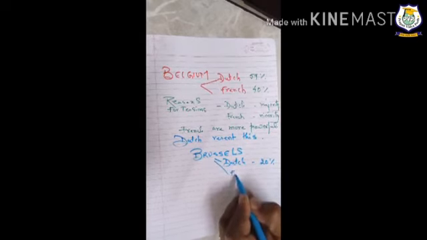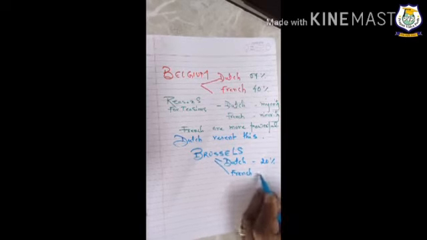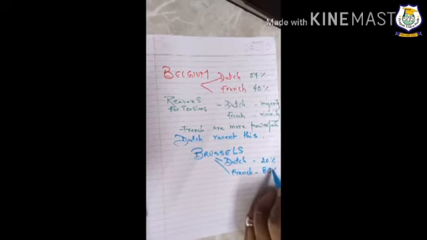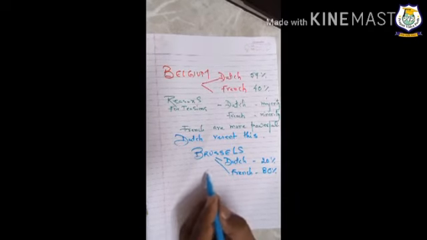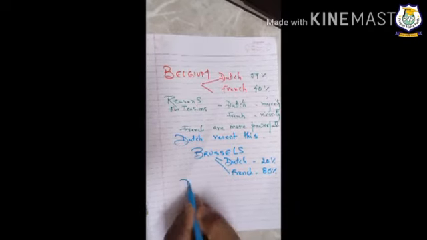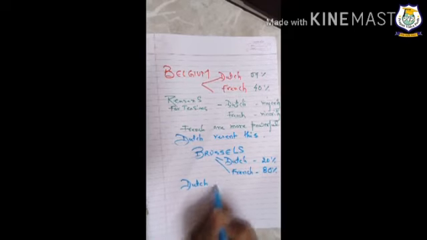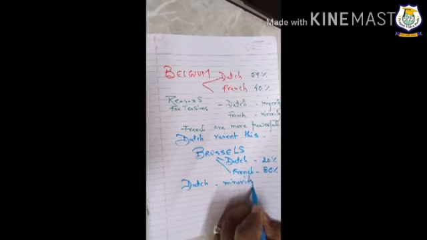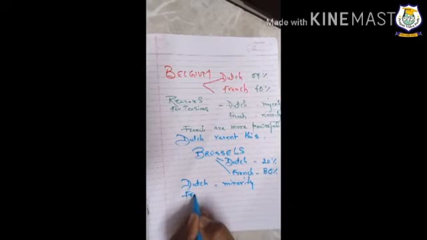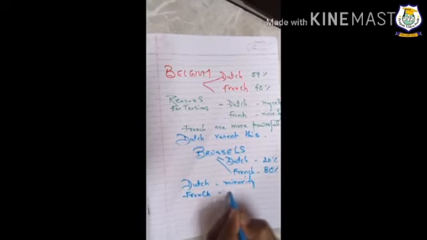French are 80% of the population. So what we find here is that Dutch are now a minority and French a majority.